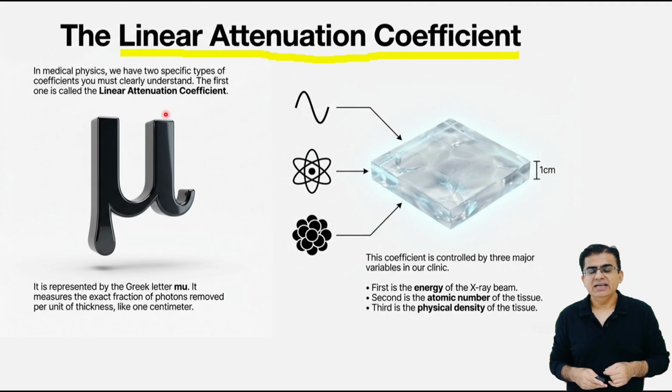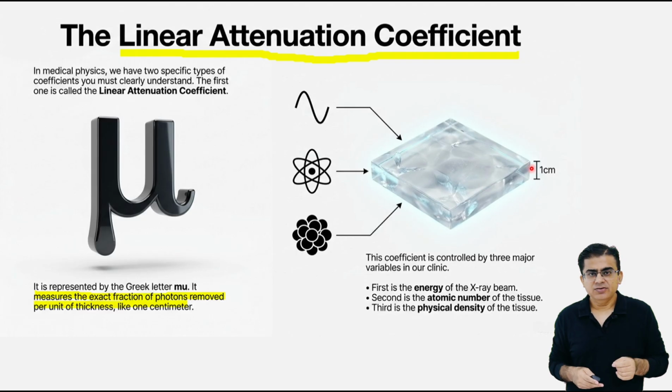What does this linear attenuation coefficient actually mean? It measures the exact fraction of photons that are removed from the primary beam, over a specific unit of thickness of tissue or matter. In our clinical practice, we usually measure this over a distance of 1 centimeter.